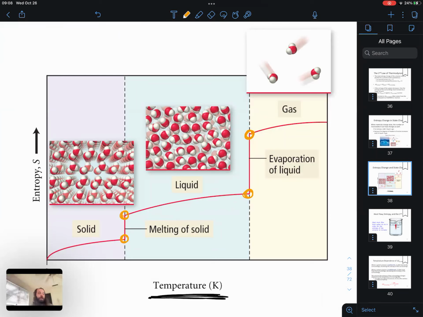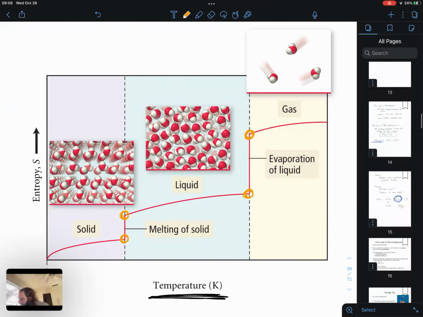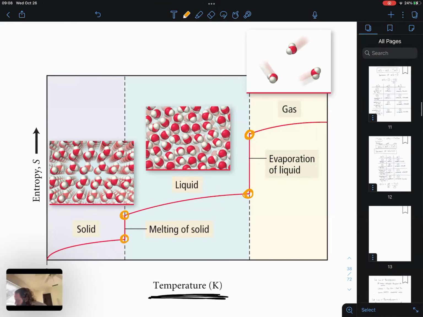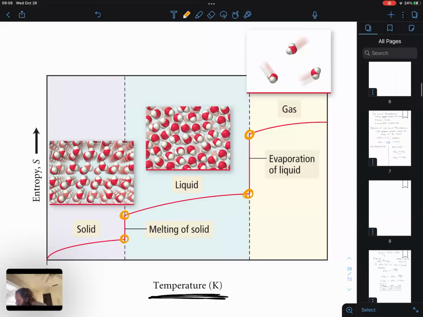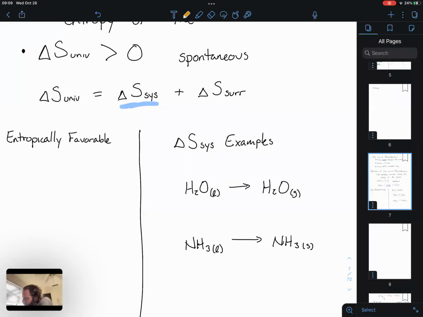They completely fill whatever vessel they're in. They just go about crashing, ping-ponging about within that vessel. They are about as disordered a substance as you could possibly have. So anything that creates a gas is entropically favorable. Entropically, meaning pertaining to the entropy of the system, favorable.